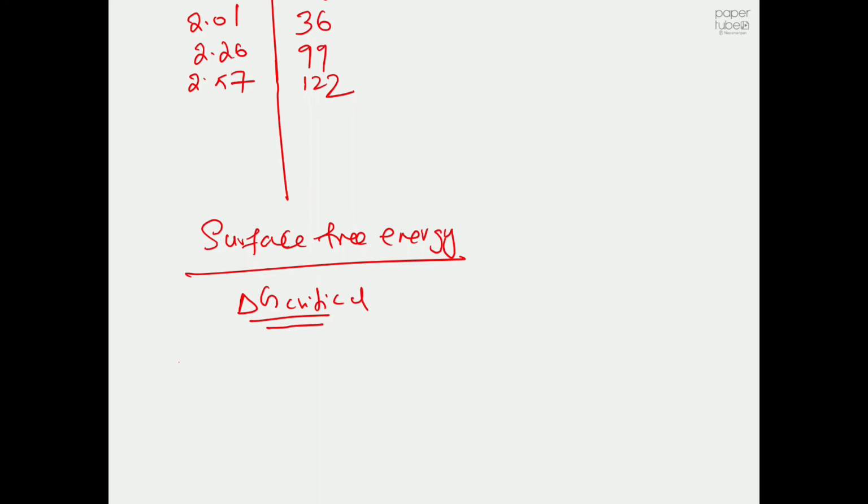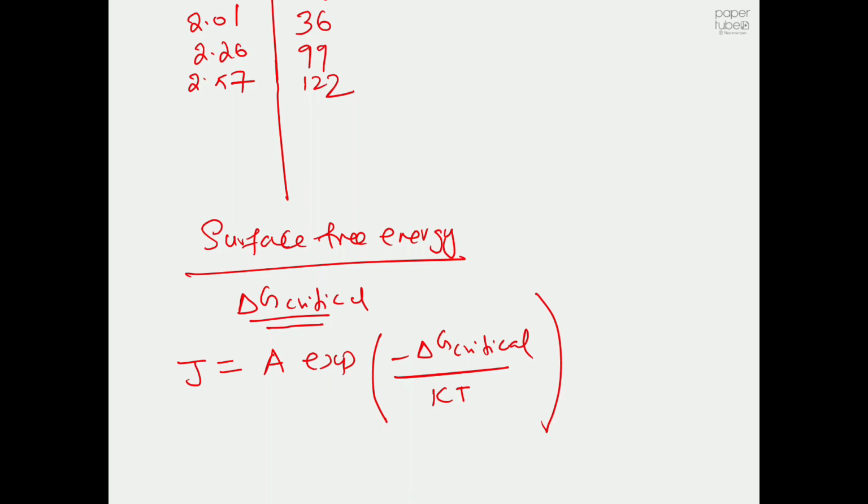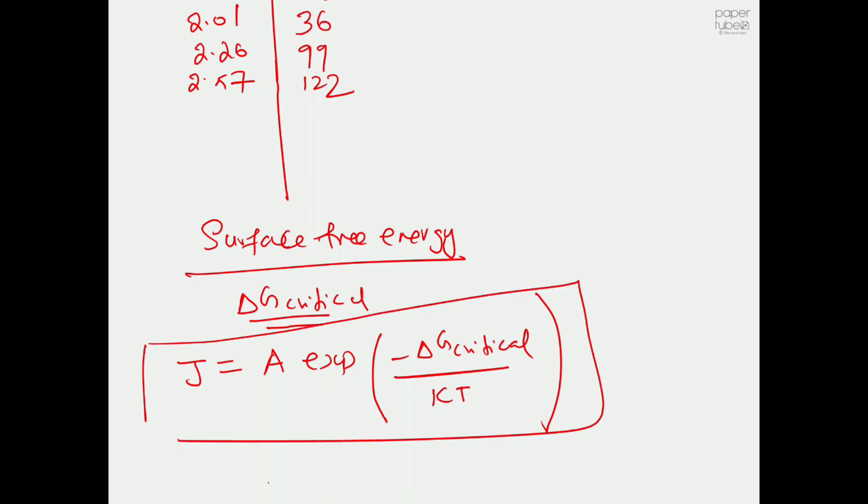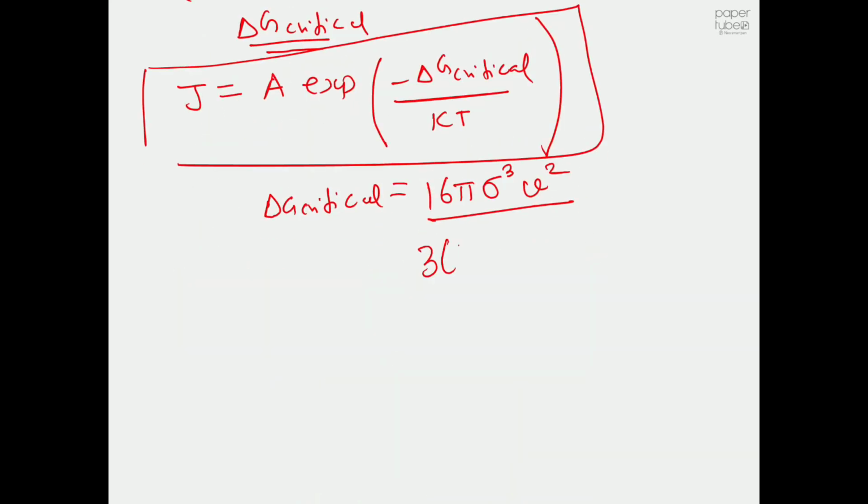We all know what the classical nucleation theory is: J equals A times exponential of minus delta G critical divided by k multiplied by T. This is your classical nucleation theory. And we know what delta G critical is: 16 pi sigma cubed, molecular volume v squared, over 3 kT ln of S whole squared.